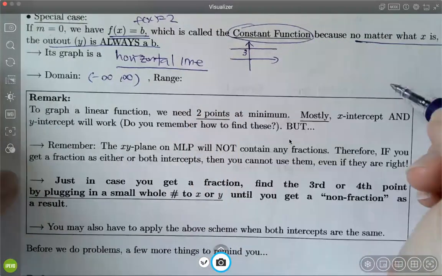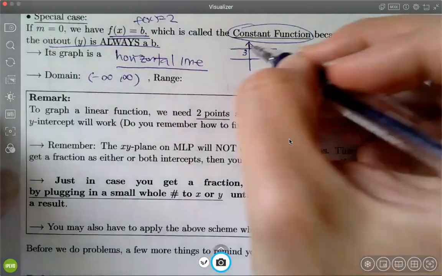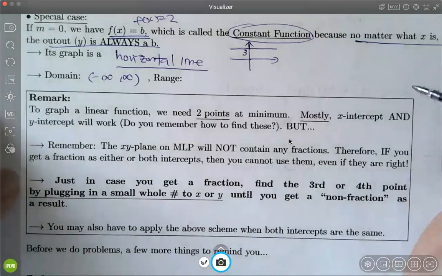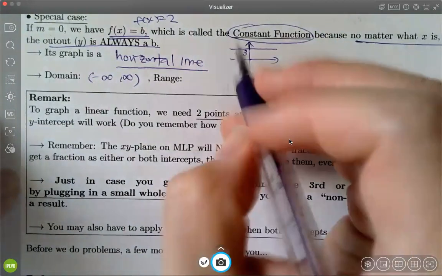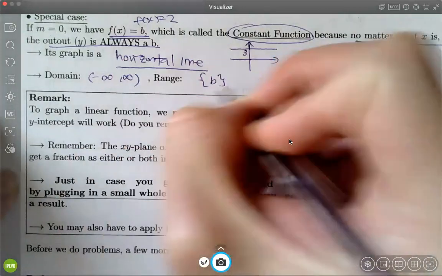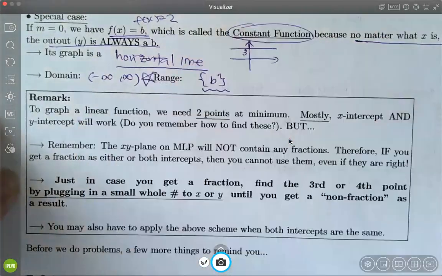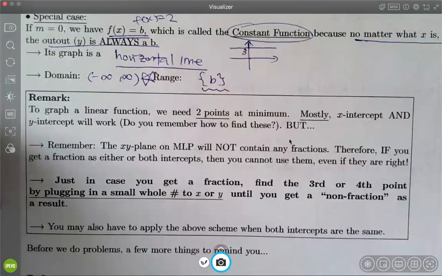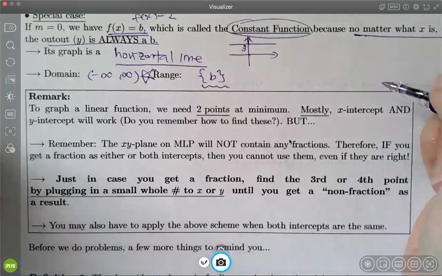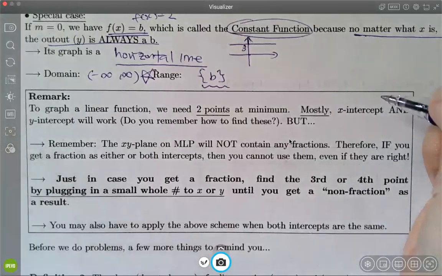Just 3, and nothing else, because there's no graph above 3 or below 3. So if that is b, the range is just a single value b. We don't even use interval notation here, because it doesn't make sense. There's only one y value in the range.